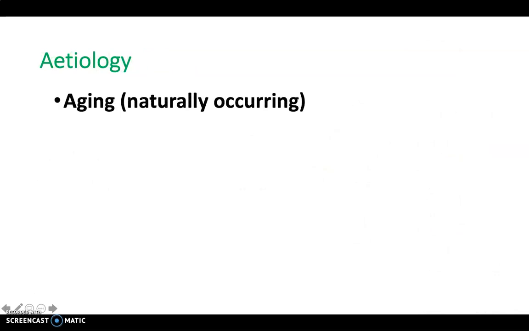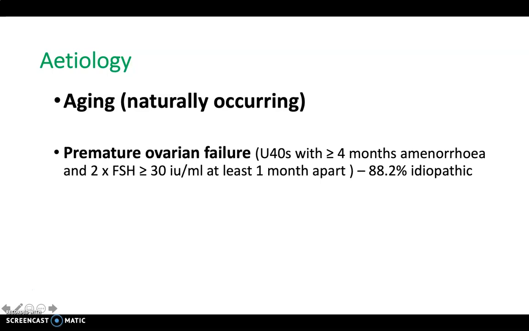So causes of menopause. The physiological cause is aging, so it's naturally occurring in women. But there are also pathological causes of menopause. So, premature ovarian failure.